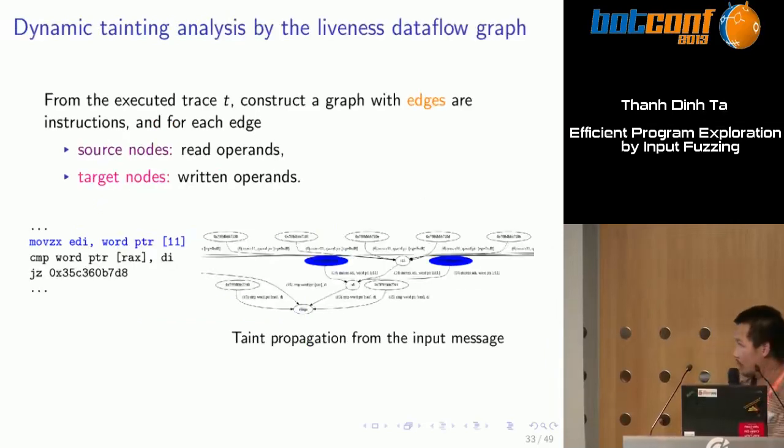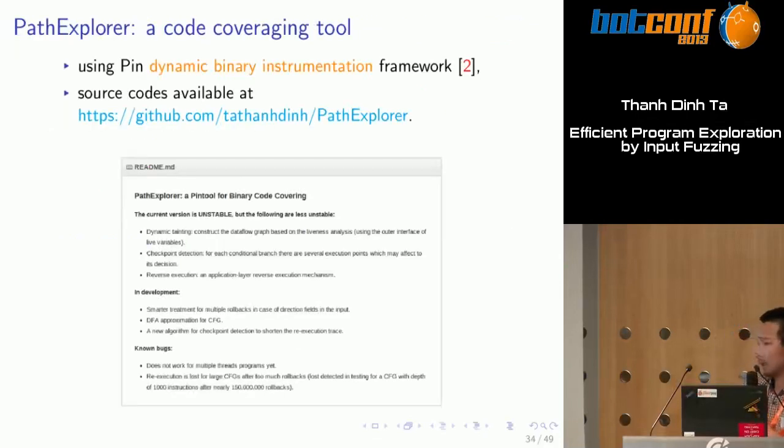The main idea of the dynamic taint analysis is that we construct the data flow of the program. We use liveness analysis, and here we can see the propagation from the inputs of the program. All of that we have implemented in Pin, and its code is available online.